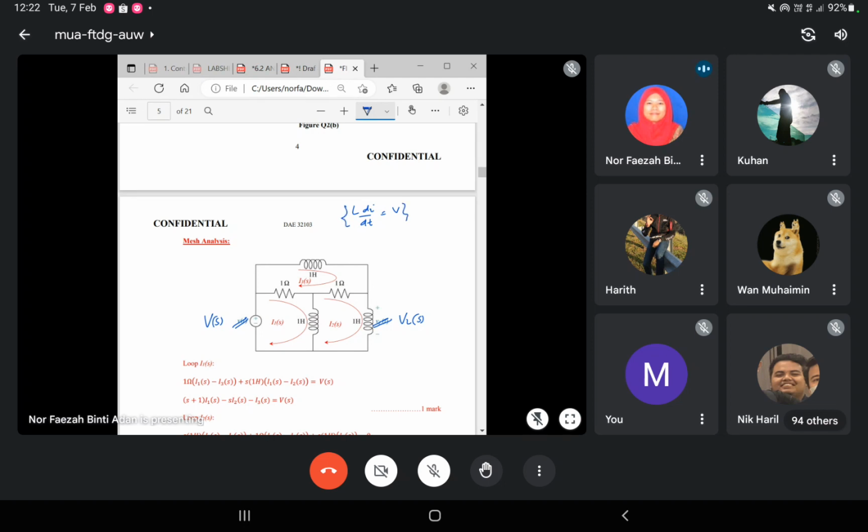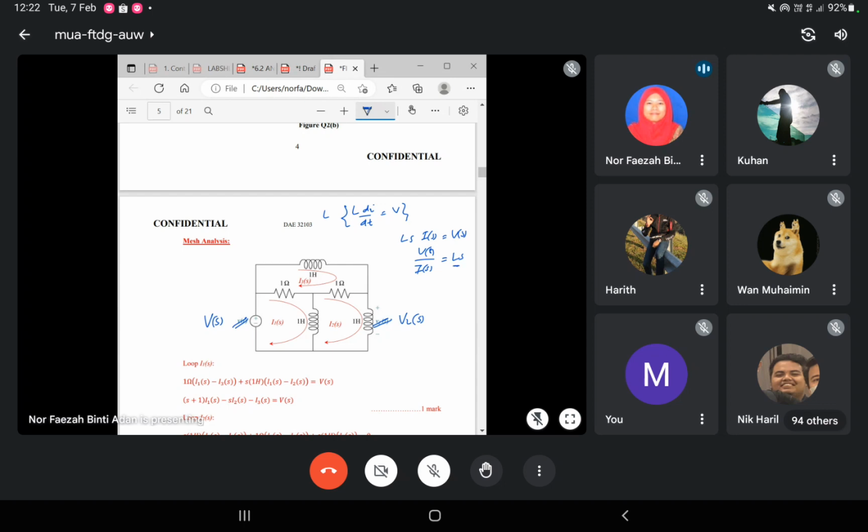Kita Laplace transformkan dia. Dia jadi LS IS sama dengan VS, kan? So impedance dia adalah VS over IS sama dengan LS. Ini saya tunjuk macam mana dapat LS when you convert inductor in time domain into S domain.